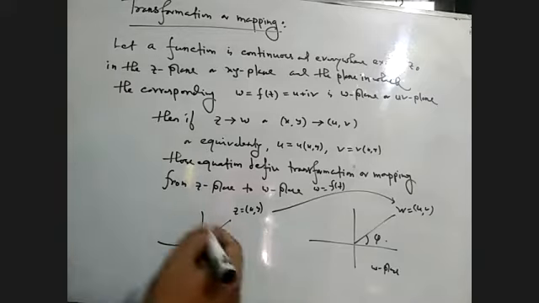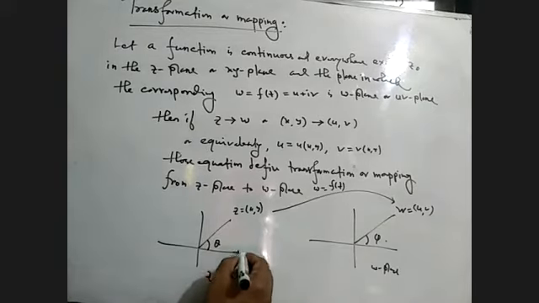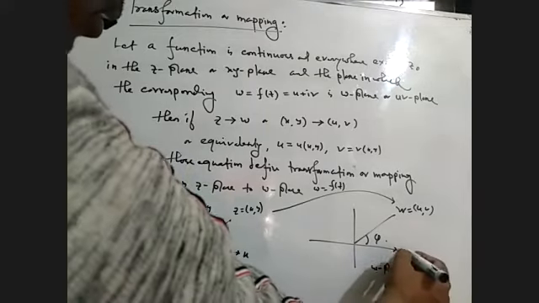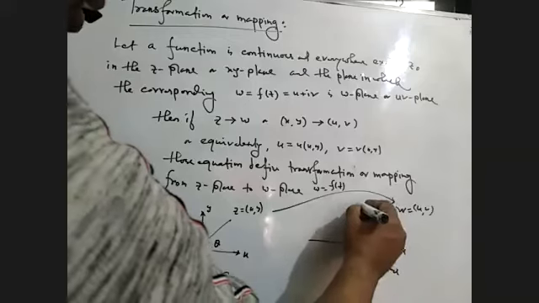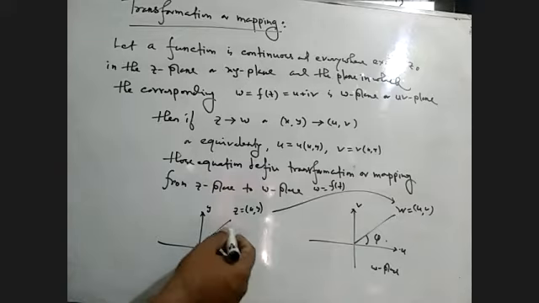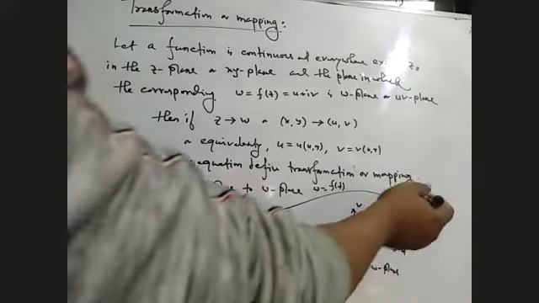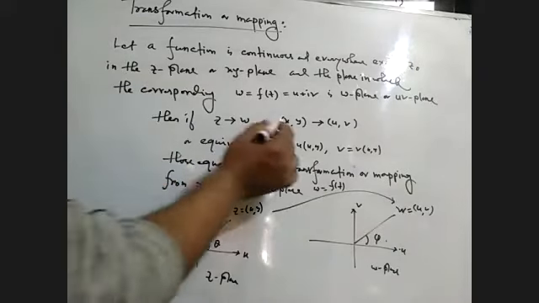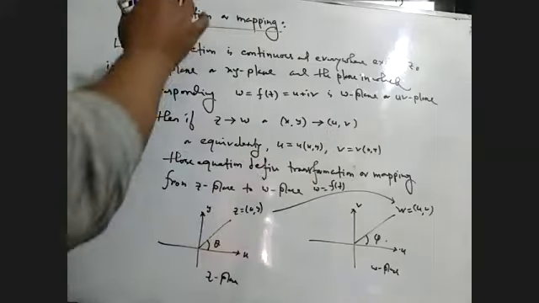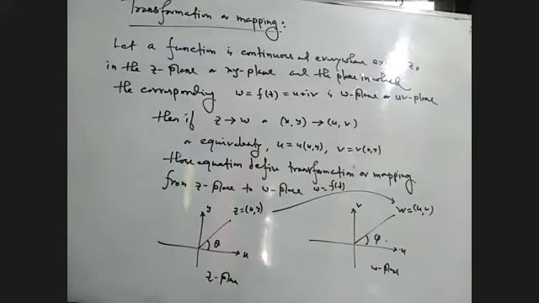In the z plane, the real axis is the x variable and the imaginary axis is the y variable, and here u, and the imaginary axis is v. So the z plane is in terms of xy and the w plane is in terms of uv. If xy transforms to uv, then this is called transformation or mapping or function. Same words.